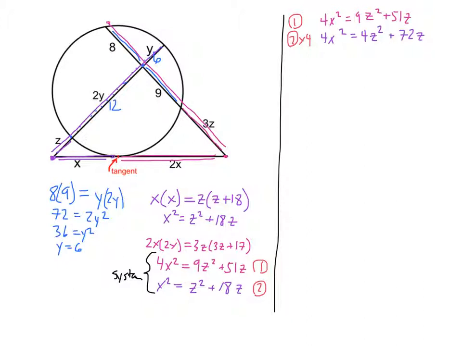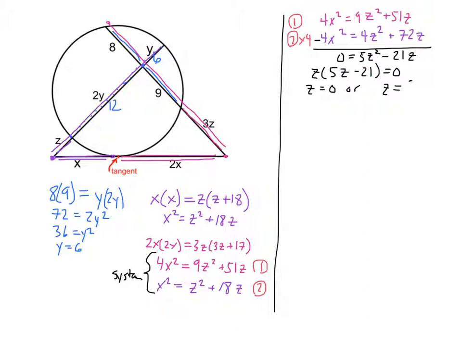And the nice thing about this is that those x's line up perfectly, and I can subtract them. So now I got it down to just one variable with z's. It's a quadratic, z squared and z, set equal to 0. No need to use the quadratic formula, we can use zero product property. So factor out a z, I get that. Either z is 0 or the inside part there has to be 0.